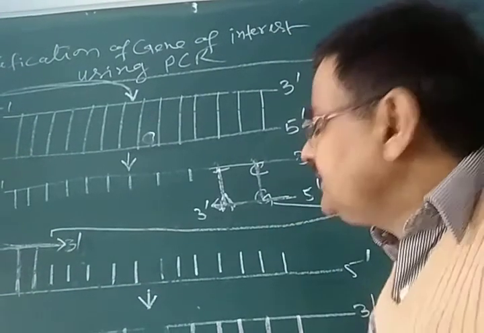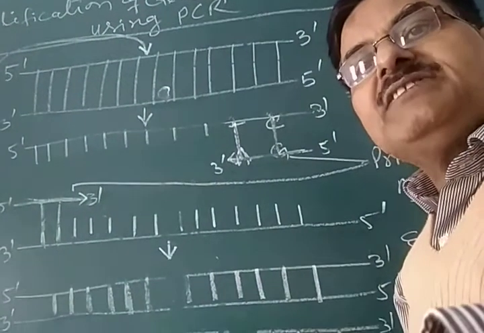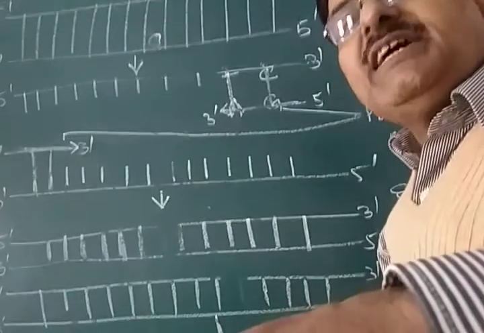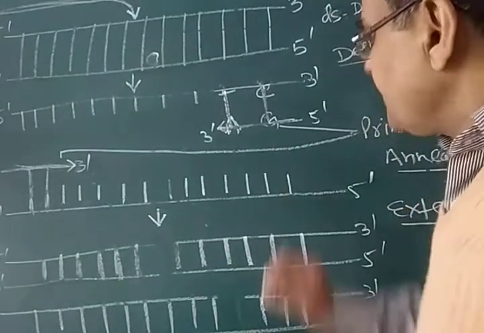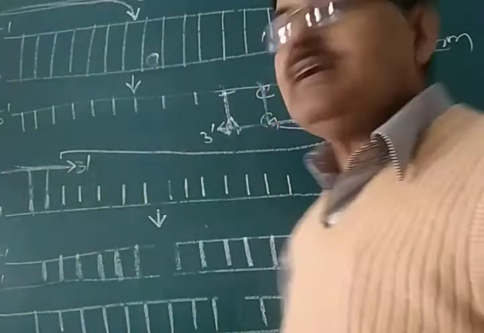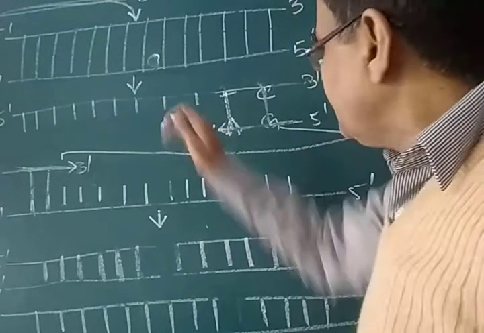So what we learned is that after denaturation we have two template strands, and for these we use two sets of primers, added at the 3' end of the template strand, and the primer helps in the initiation of replication.